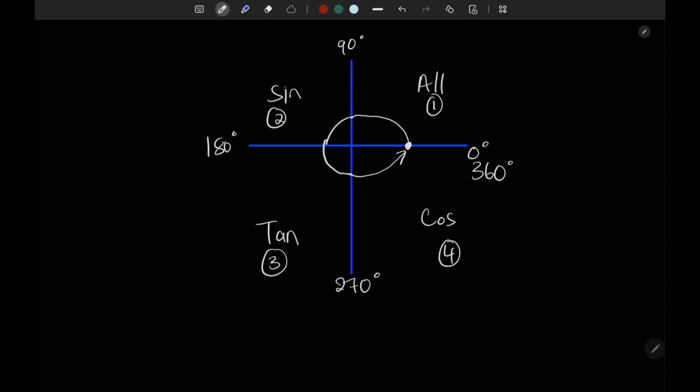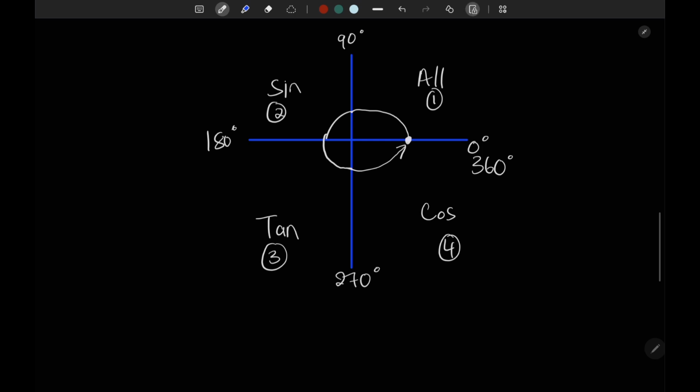So your test diagram lets you know whether your trig ratio is positive or negative in a certain quadrant. For example, in the first quadrant, all the trig ratios are positive. Okay? Meaning sine, tan, and cos are positive here.